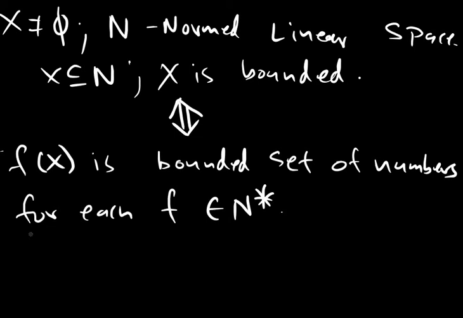If you take any map which is linear and continuous, so f is in N star means it's a linear map from N to the field. It's bounded, it's linear.